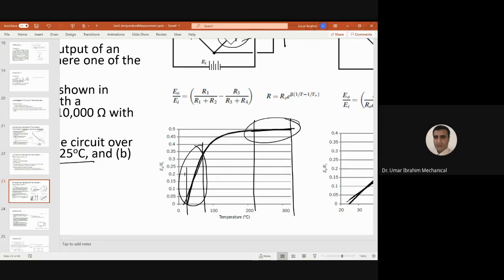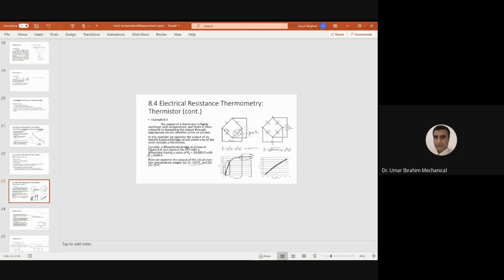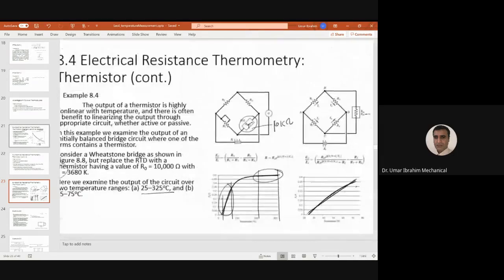But for this portion, a high change of input results in only a small change of output, and therefore this portion has smaller sensitivity, and this will not be a very useful range to use the thermistor. Okay, so let's move to the next slide.